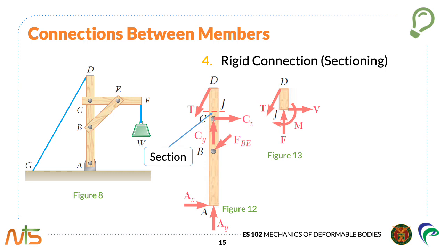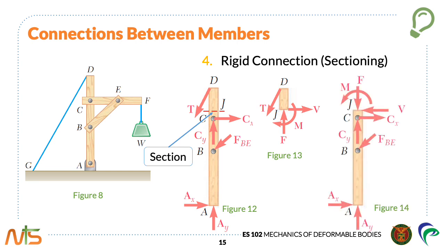According to Newton's third law, the internal forces acting on AJ must be equivalent to that in JD but with opposite directions as shown in figure 14. It is clear that the action of the internal forces in member AD is not limited to producing tension or compression as in the case of a straight two-force member.